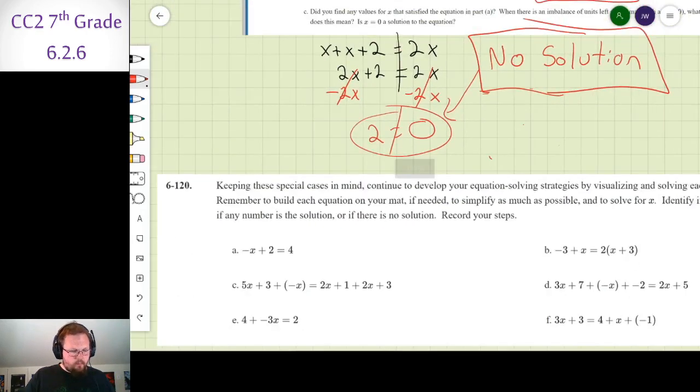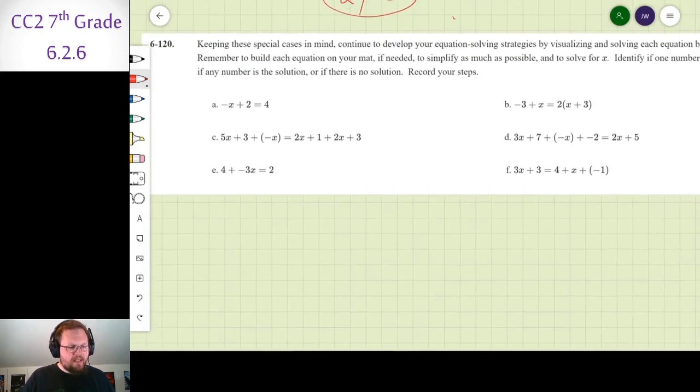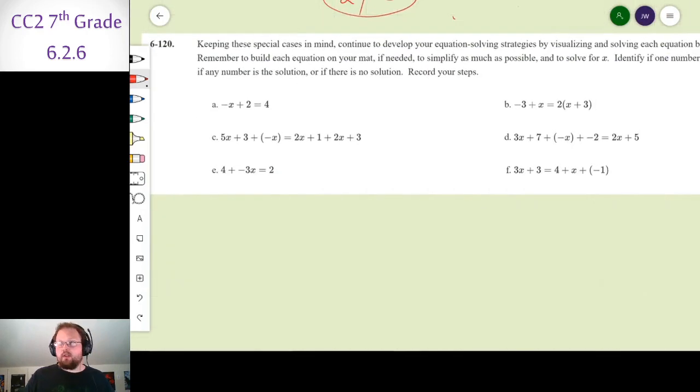So what I would like you to do is to practice the questions on 6-120. I'll give you a tip on this. Step 1 on some of these problems is going to be a little bit different. Part B, your step 1 is to multiply this 2 into those parentheses.